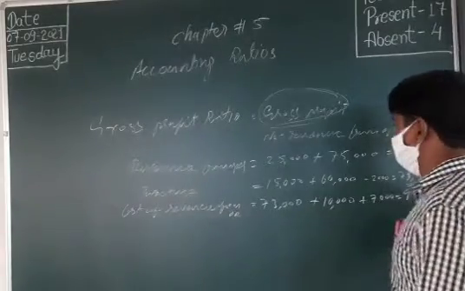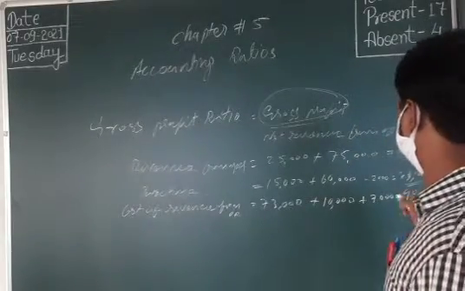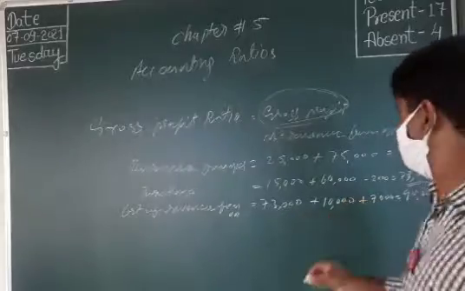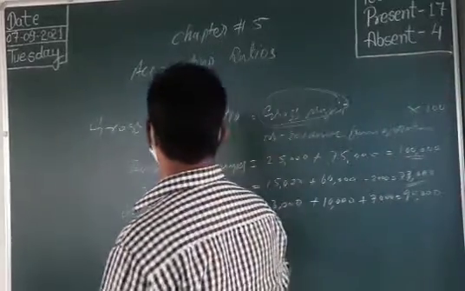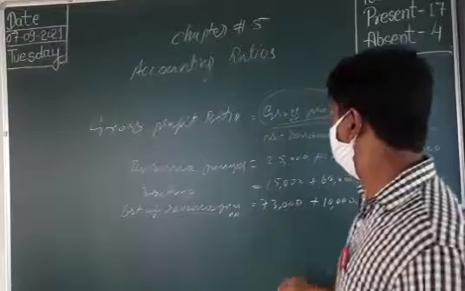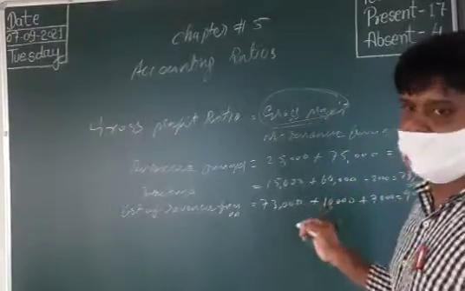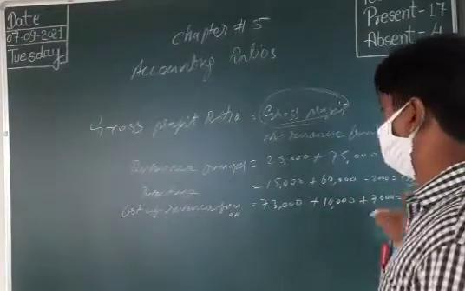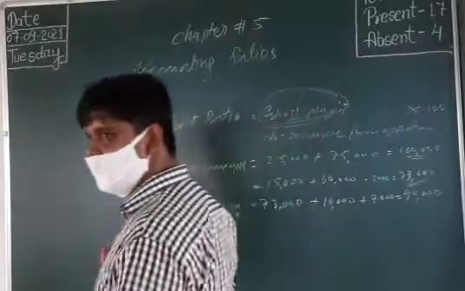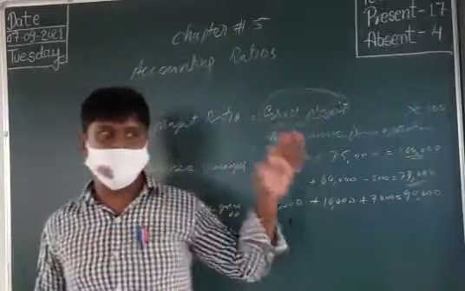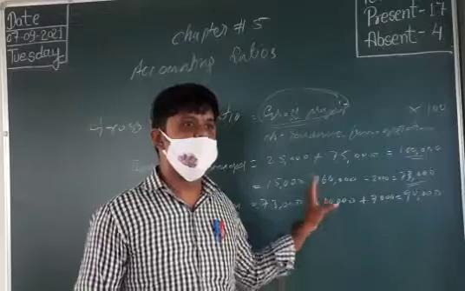90,000. So now we get the gross profit. Gross profit is revenue from operation minus cost of revenue from operation. Here we calculate the trading account.